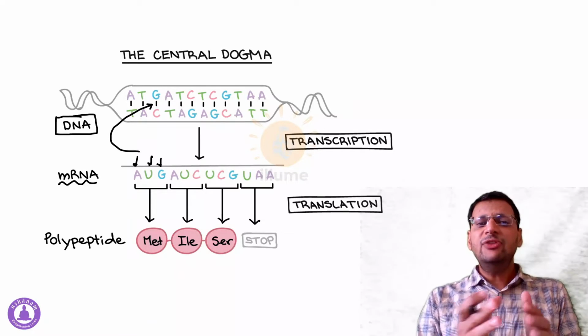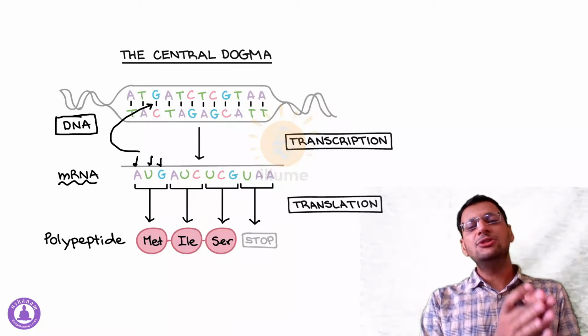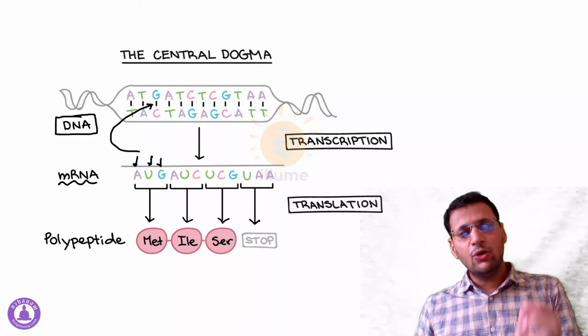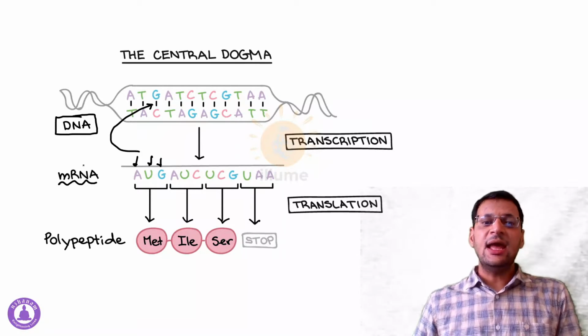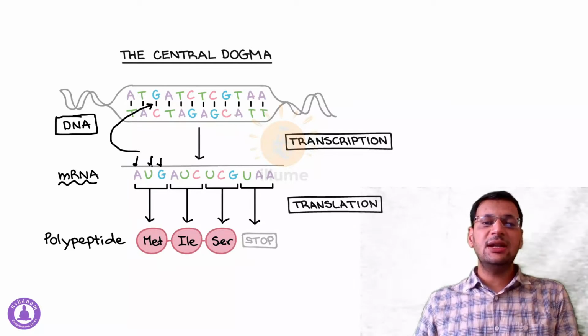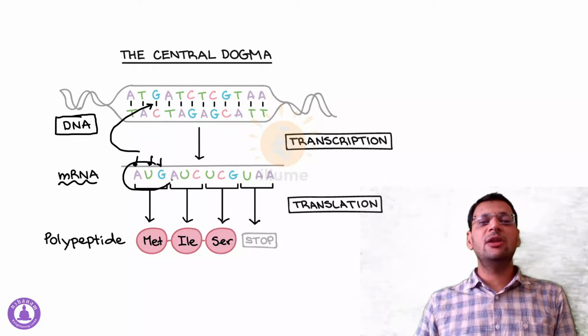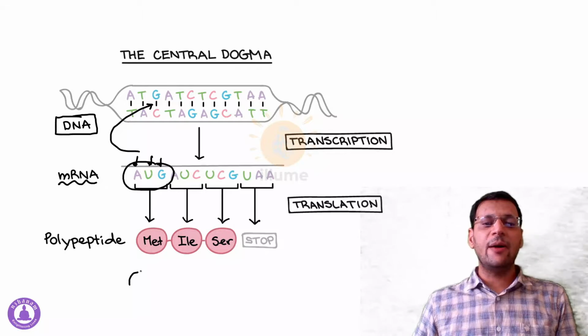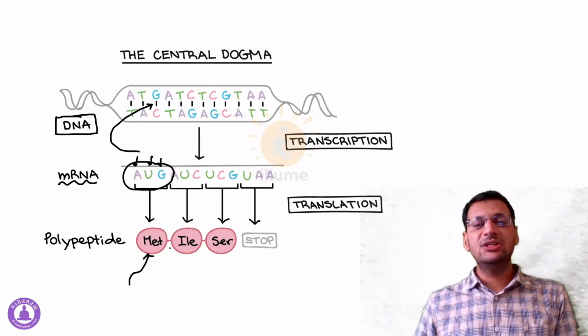Now if there is a change in the DNA, there would surely be a change in the coding sequence of the mRNA, and the nitrogenous bases present in mRNA are responsible for the exact type of amino acid that would form the structure of a polypeptide or the protein.